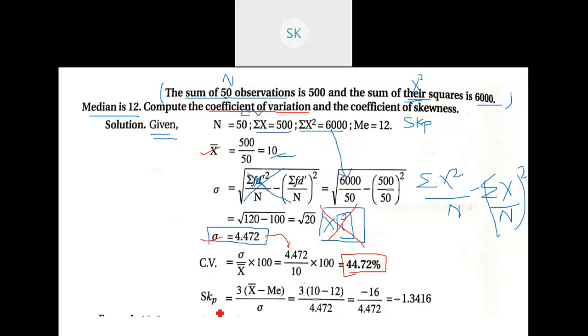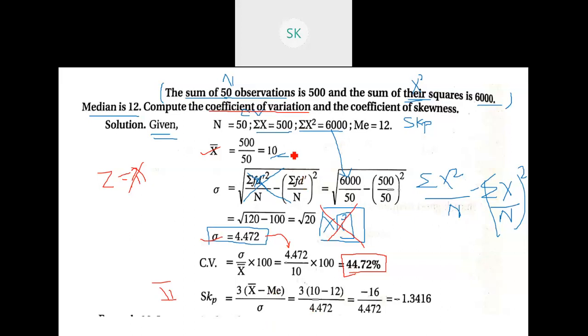Then the coefficient of skewness. Here again we are supposed to use the second formula, because the value of mode is not given to us. So we are using the second formula, that is 3 into x bar minus median, divided by standard deviation.